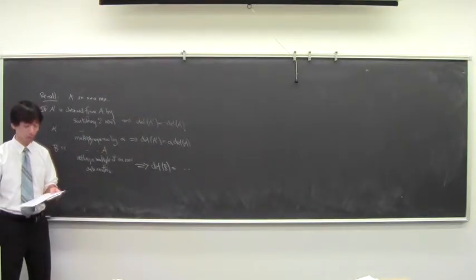Maybe some of you know the punchline. What happens to the determinant if you multiply one row and then add it onto another row? Anybody know the answer?